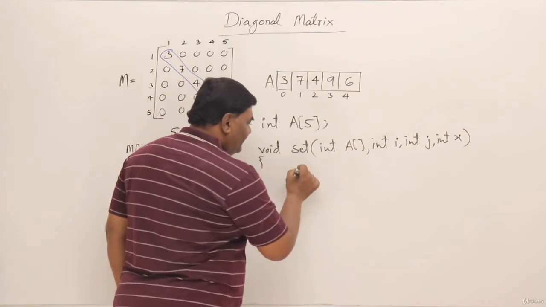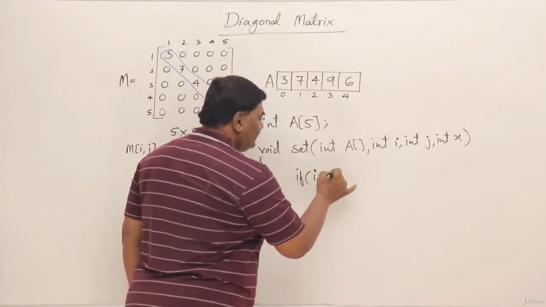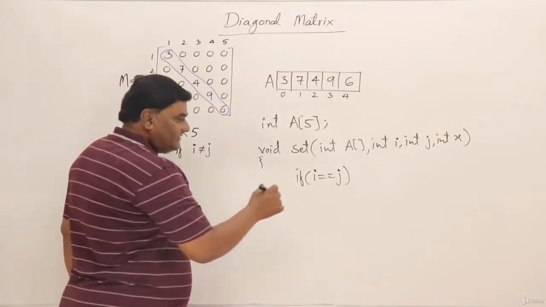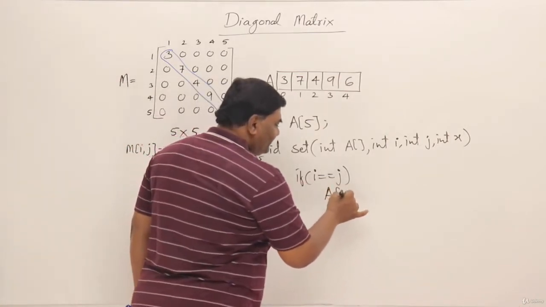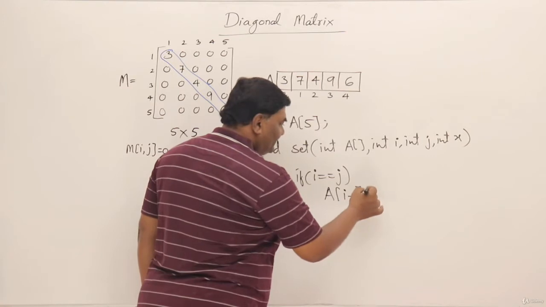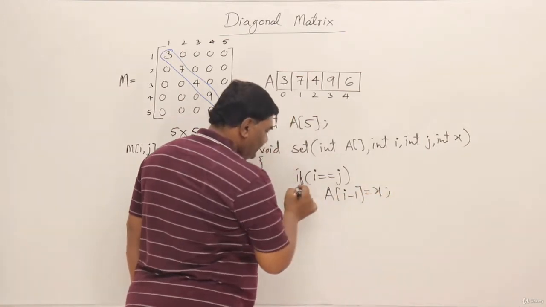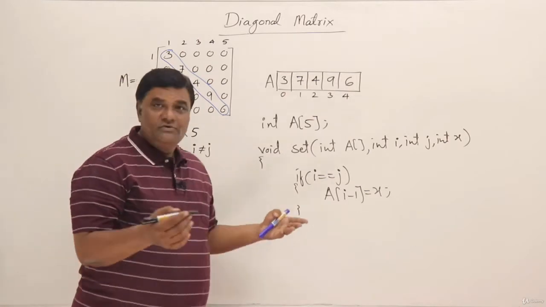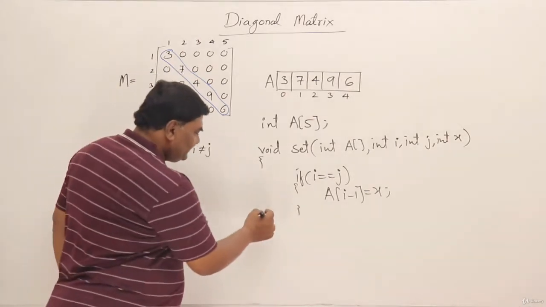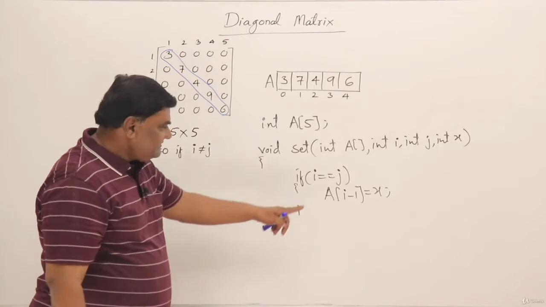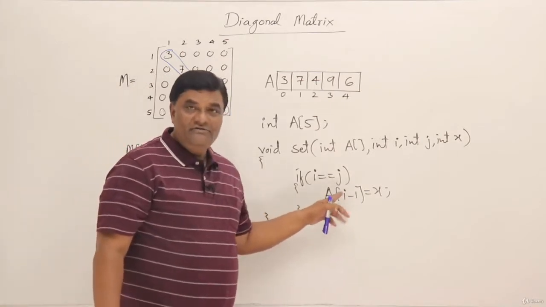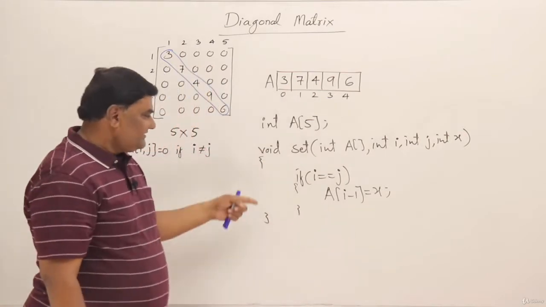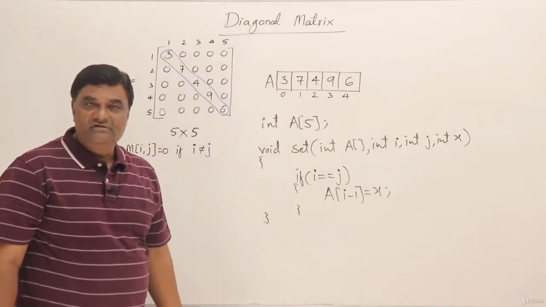So if i is equal to j, then only the set function will store the element. Where will it store the element? In the array, at i minus 1, that is assigned with x. That's all. If i is not equal to j, do nothing. No need to do anything. So close this. See, this is the formula we just saw for accessing the elements, that is i minus 1. So this is the set function.